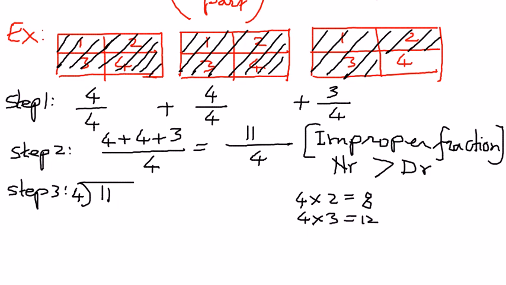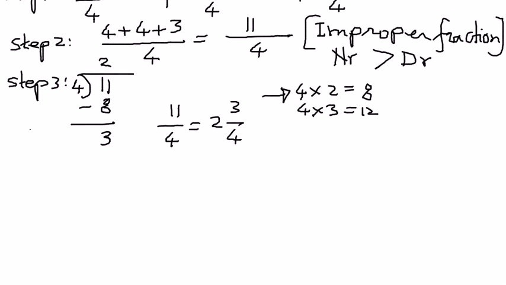We cannot use 12 because 12 is greater than 11. So we need to go with 2 times. 4 times 2 is 8. So we subtract. 11 minus 8 is equal to 3. Therefore, 11 divided by 4 is going to be equal to 2 and 3 over 4.